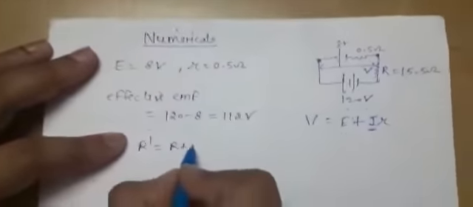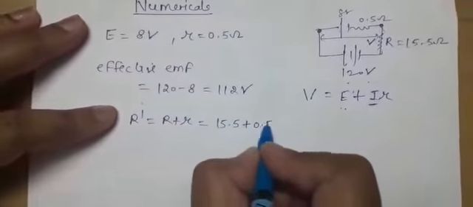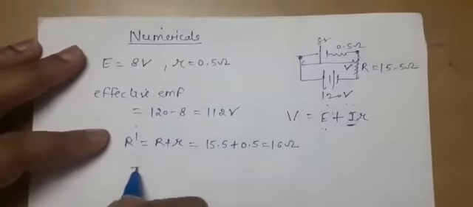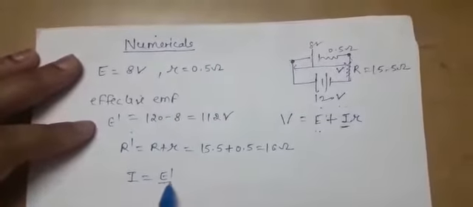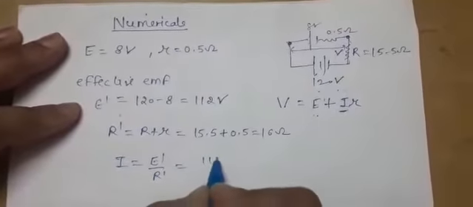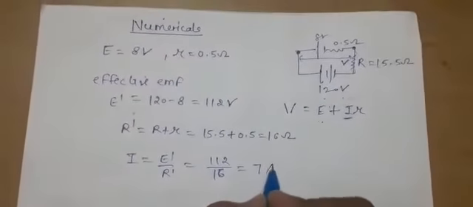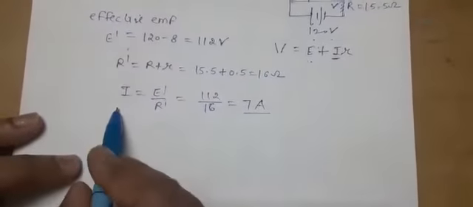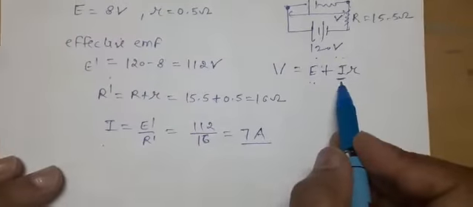This will be R plus the small internal resistance, that means 15.5 plus 0.5, which is 16 ohm. So now you can easily calculate current. This effective EMF, let it be E dash, upon R dash, 112 upon 16, and it will come out to be 7 ampere when you do the calculation. So here the current is calculated. What we can do now is substitute the value here.